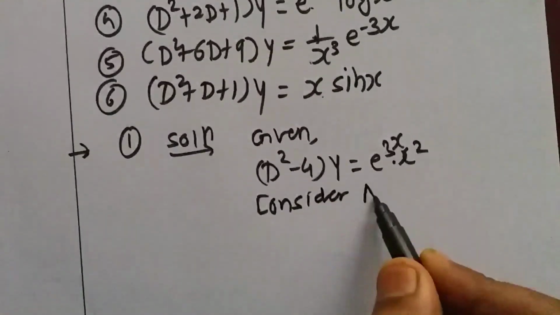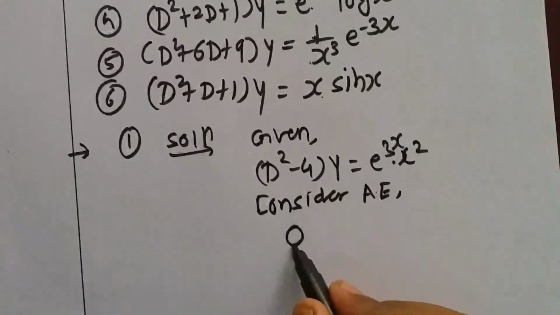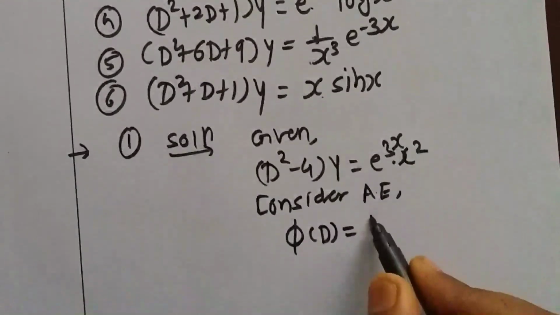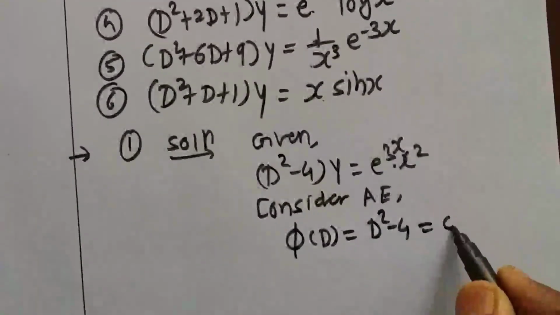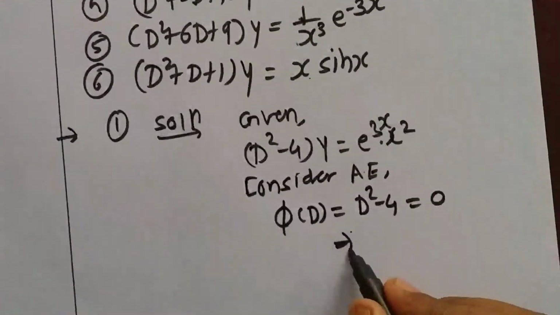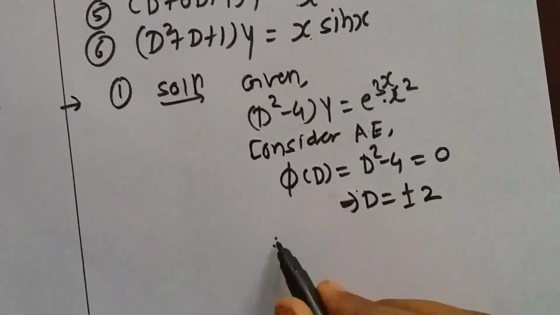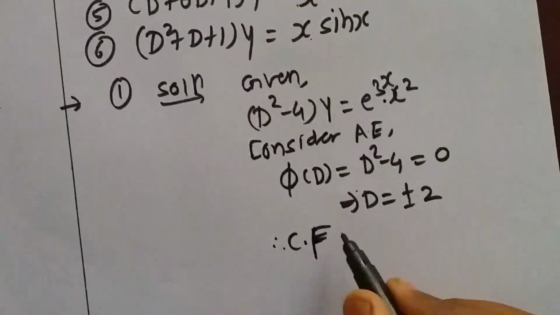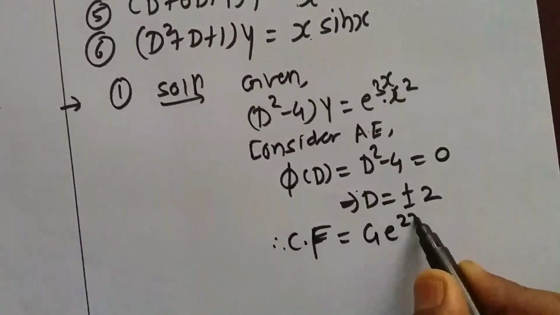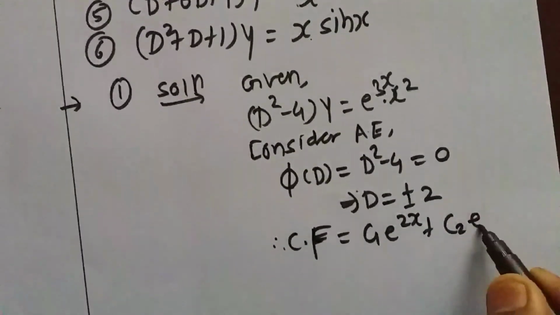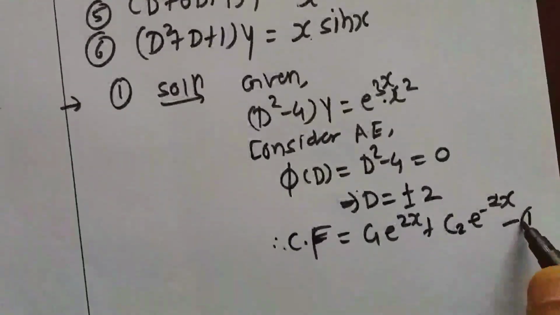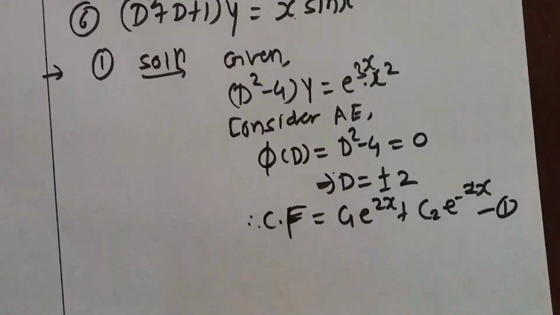The auxiliary equation is phi of D, which is D square minus 4, equated to 0. Find the roots. This implies D equal to plus minus 2. 2 roots we get. Therefore CF will be, for this example, c1 e to the power 2x plus c2 e raised to minus 2x, using the rules of CF. Give this equation number 1.